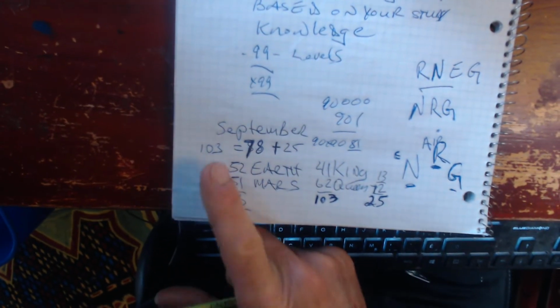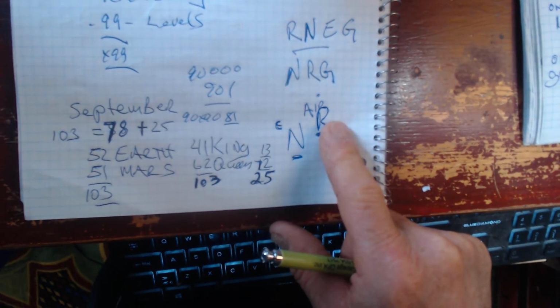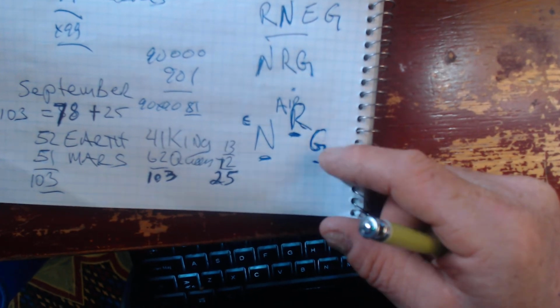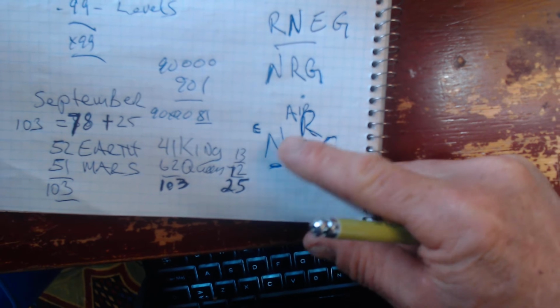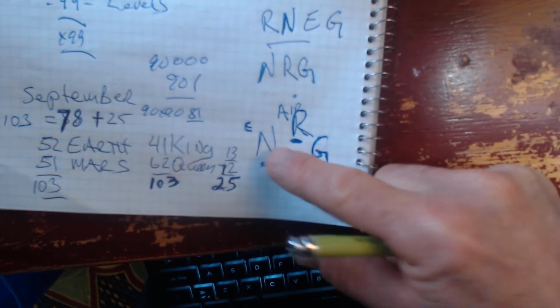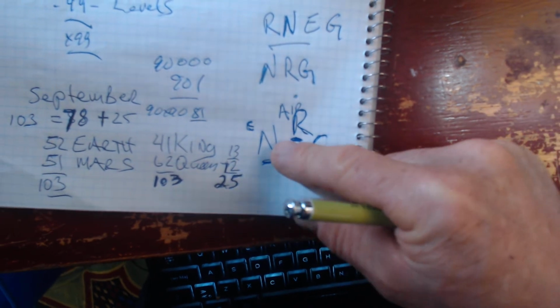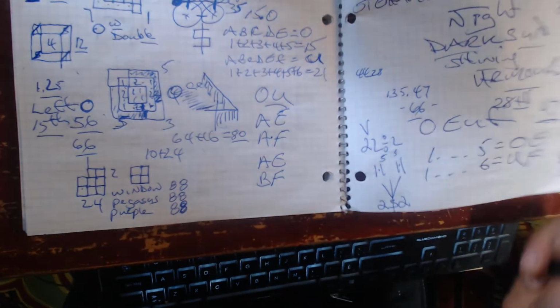September 103, King and Queen 103, Mercury 103, NRG, N, air, G. In N is air. In between N and G is R. In between the gate and the sun and the crossing sun. Not the rising sun, the crossing sun.